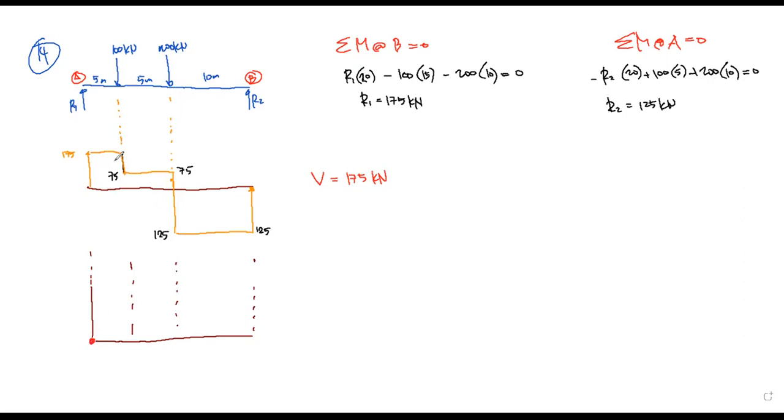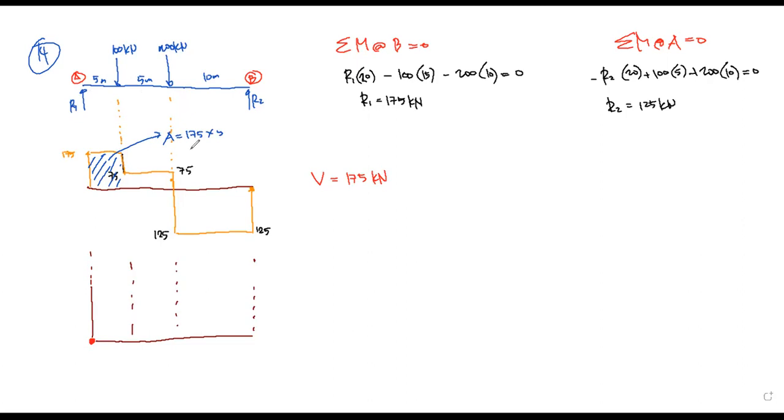Okay, so then we consider the area of this first section. So the area of the first section is equal to 175 times 5.